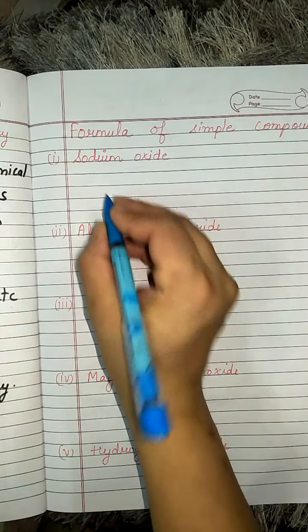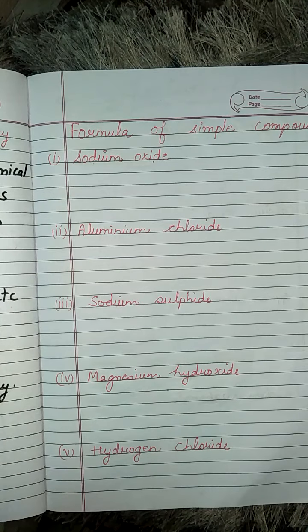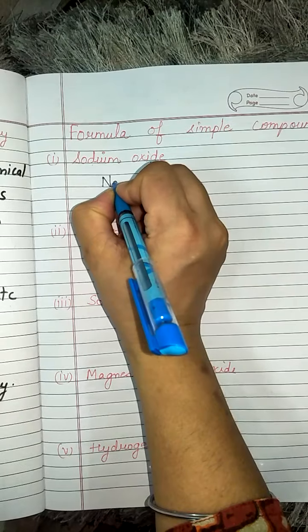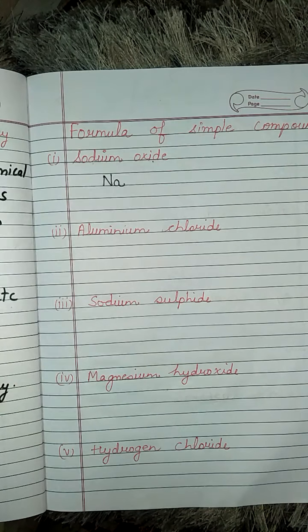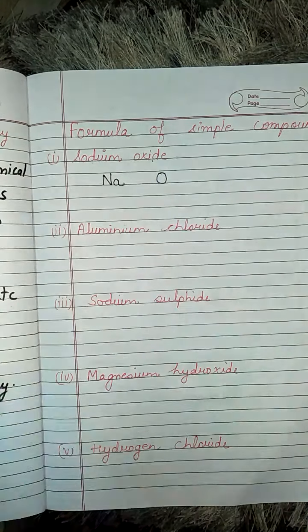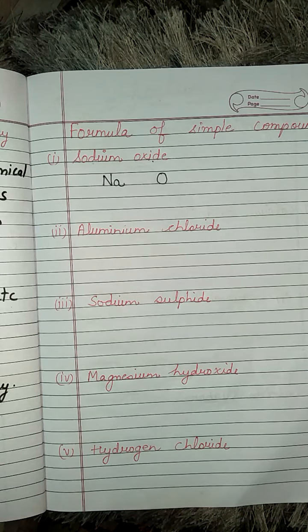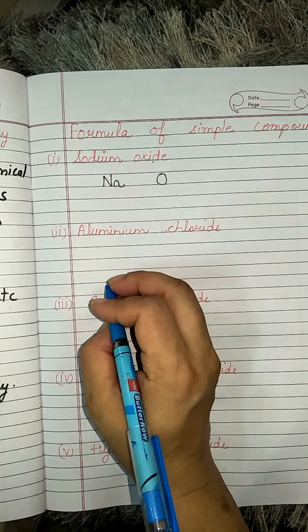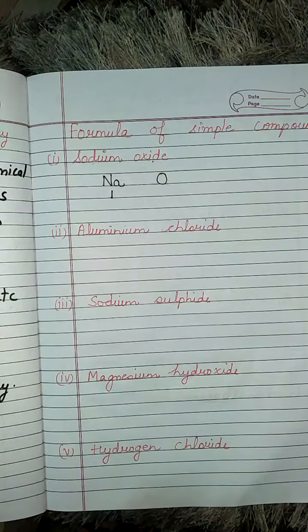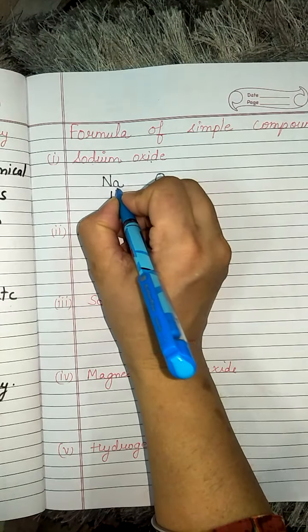So let us start how to write the formulas of different compounds. What is given? Sodium oxide. How do we write the formula? The symbol for sodium is Na; firstly we should know the symbol. Oxide, that is oxygen, the symbol for oxygen is O. In the next step we write the valency. Sodium valency is plus 1.